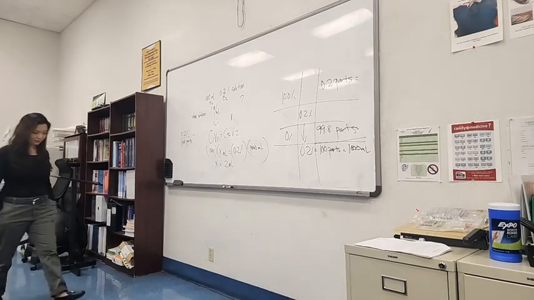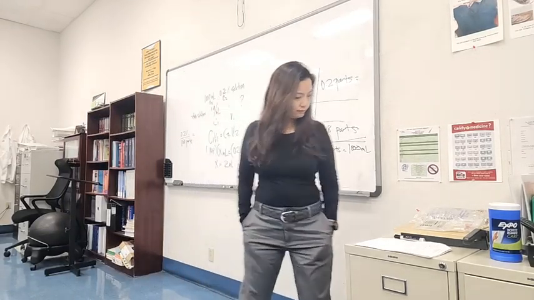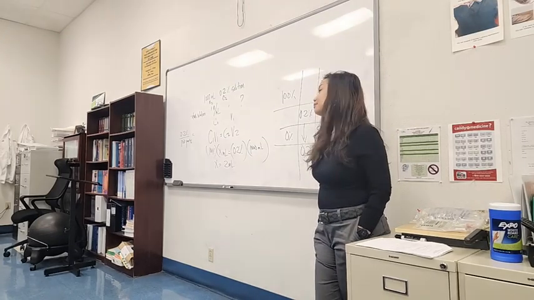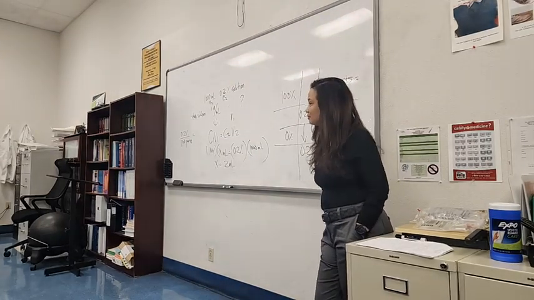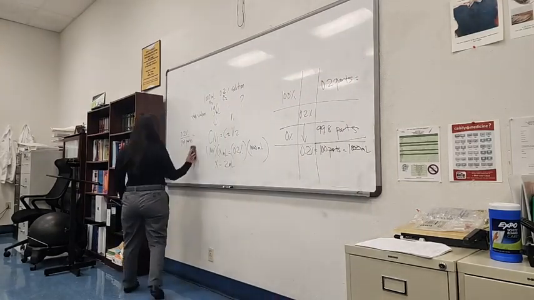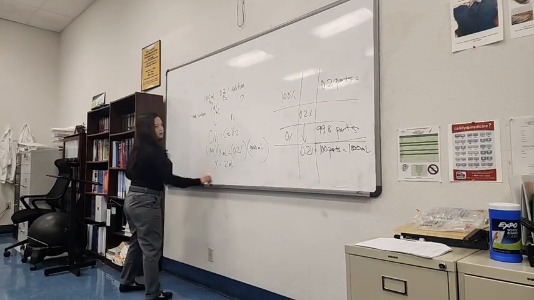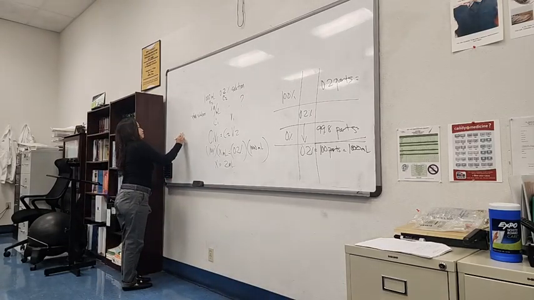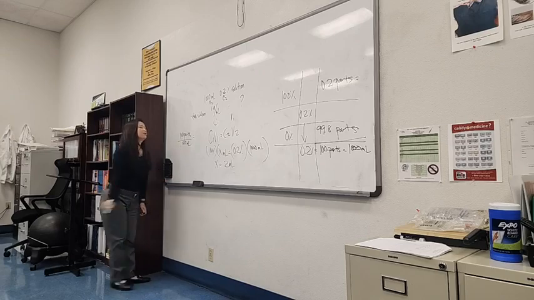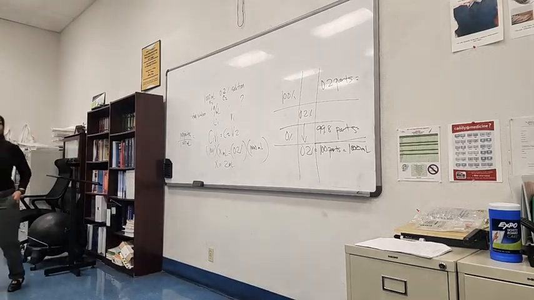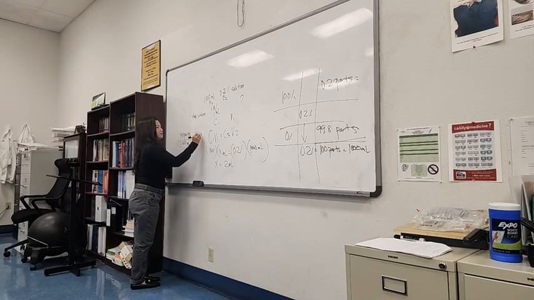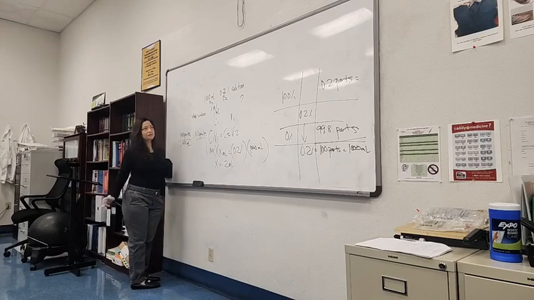Instead of the percentage on the top, it should be the parts over. The parts over 1,000. 100 parts is to 1,000 ml. My proportion. Then 0.2 parts is to X ml.